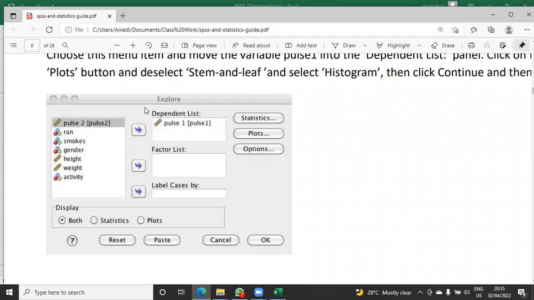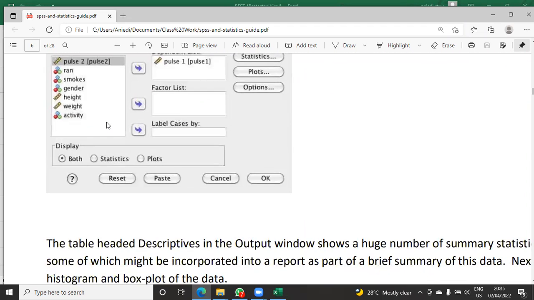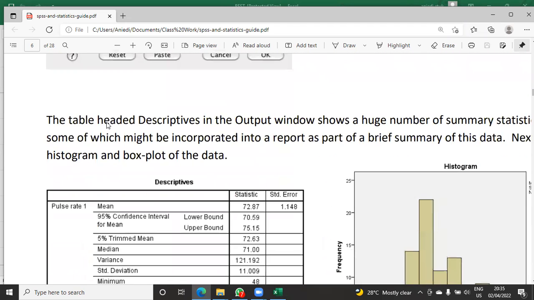So now the pulse is a dependent variable. The idea is to obtain the pulse of the people. Is it after they are running and smoking, or after they are running or smoking, whichever kind of data they obtained? So this is how they presented the data.